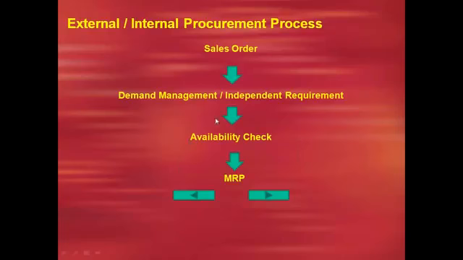MRP. So what does MRP mean? MRP stands for Material Requirement Planning. It's a planning tool. Coming to the definition, it contains inventory management data. What is inventory management data? Maintaining the stocks of the materials, that is raw materials.